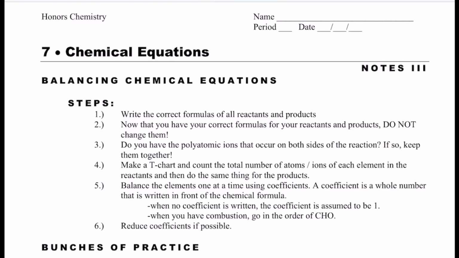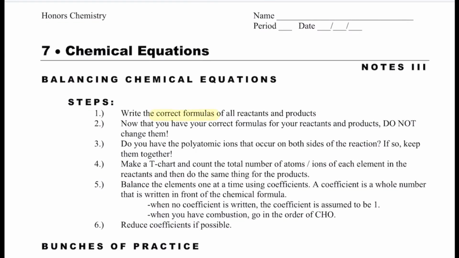So, the first thing that's very critical is that we've got to have the correct formulas of all reactants and products. Once we decide that we have the correct formulas, we will not change these formulas. In order to balance things, we will add coefficients, and that would just be a number in front of the chemical formula.